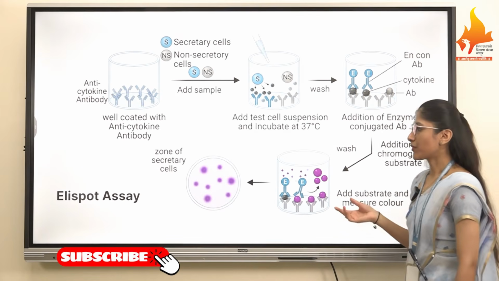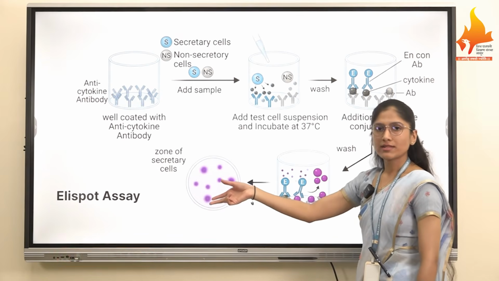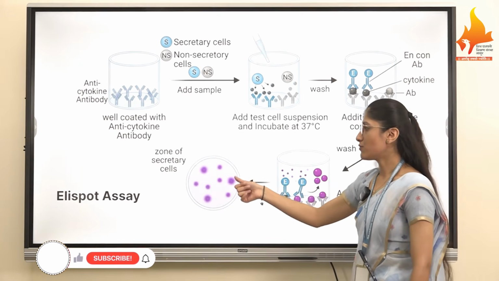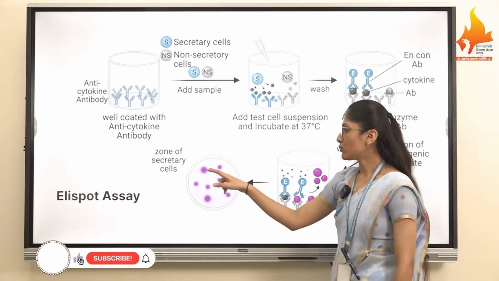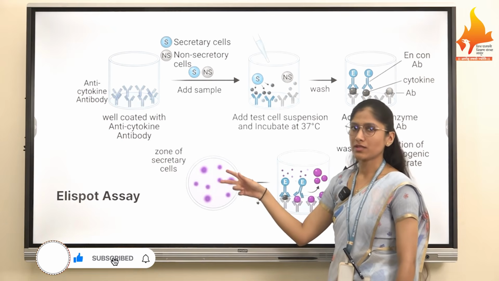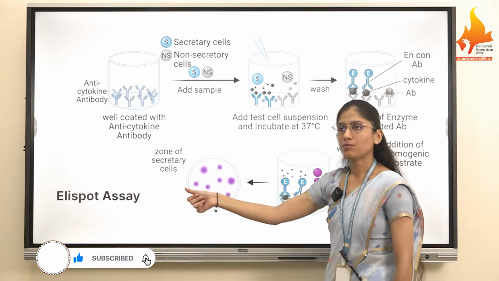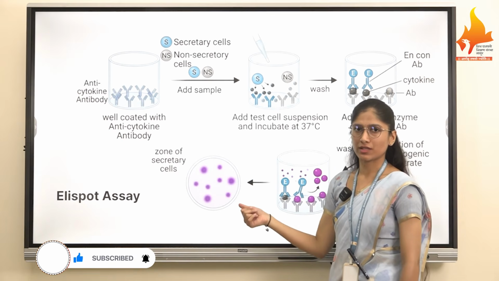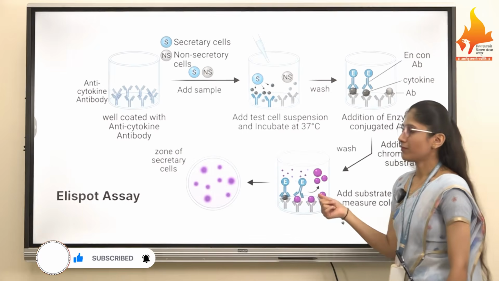So here, if the cytokines are present, there is the formation of spots. These are the zones of secretory cells which produce the cytokines. So this ELISpot assay is used to detect the cytokines. Thank you.